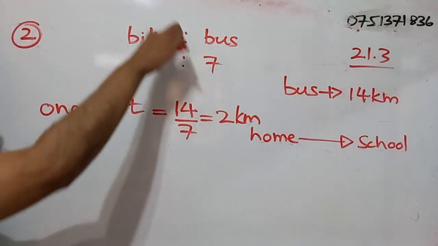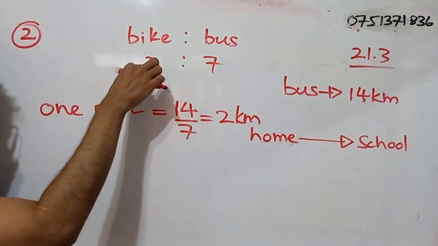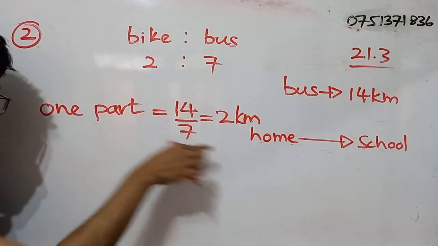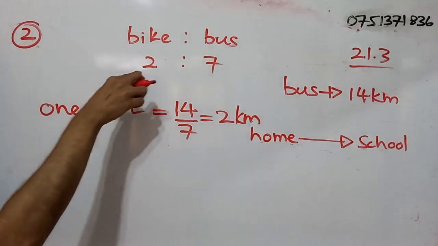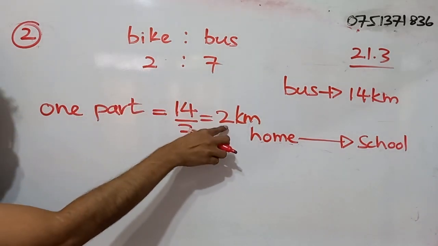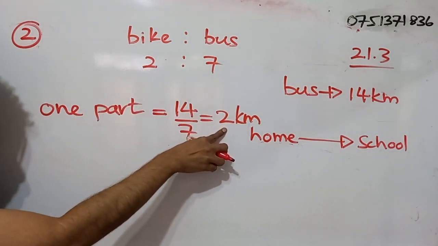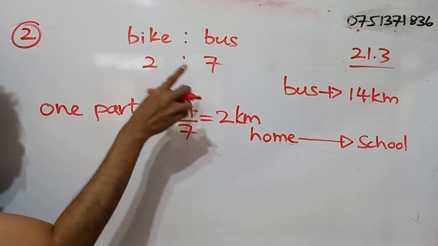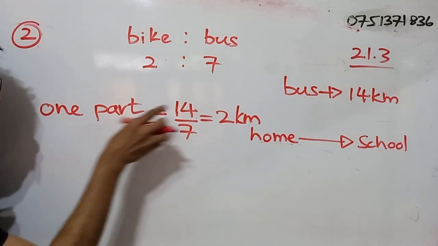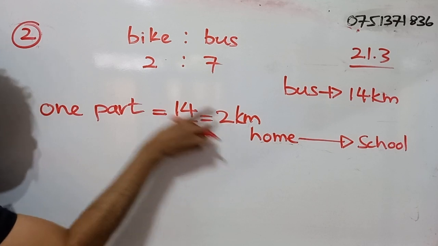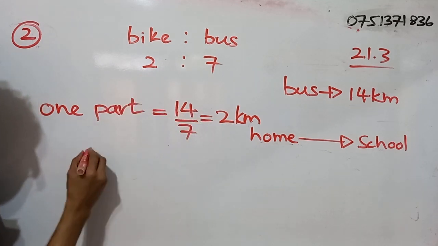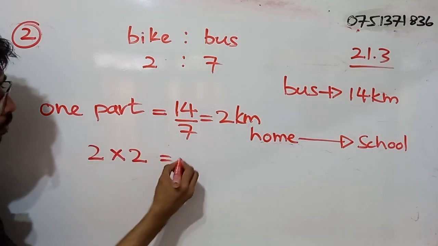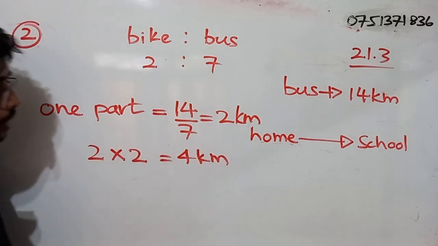Then what is the distance that he used the bike to ride to the bus halt, the distance between the home and the bus halt? How many parts are there? 2. What is the value of one equal part? 2 kilometers. How many equal parts are there? 2. So what is the total amount? 2 into 2, which is 4 kilometers.